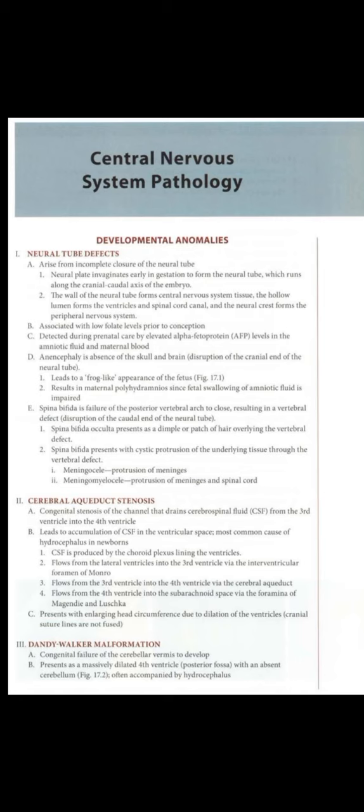CSF is produced by the choroid plexus lining the ventricles, flows from the lateral ventricles into the third ventricle through the interventricular foramen of Monro, flows from the third ventricle into the fourth ventricle through the cerebral aqueduct, flows from the fourth ventricle into the subarachnoid space through the foramina of Magendie and Luschka.